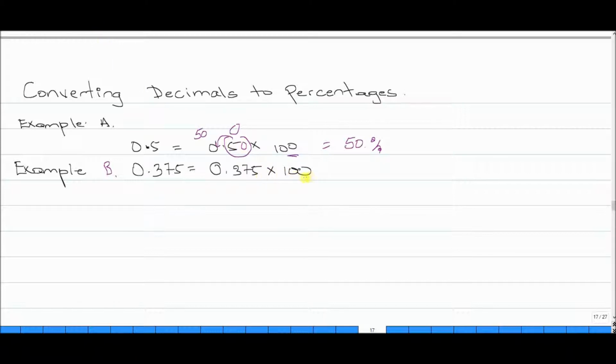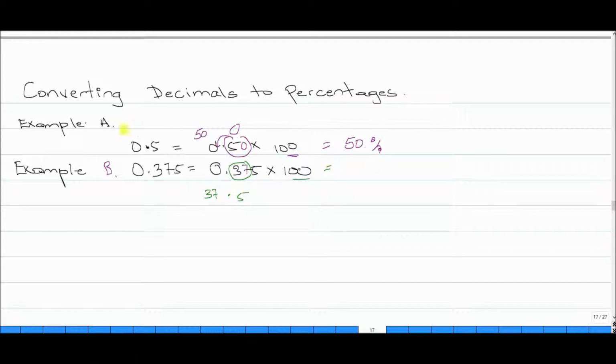So here we have again 2 digits to move. We will move the 2 digits that are closest to the decimal point, and we'll move these 2 over. These 2 come over, we'll have 37, maintain the decimal point, and 5 would be left there.